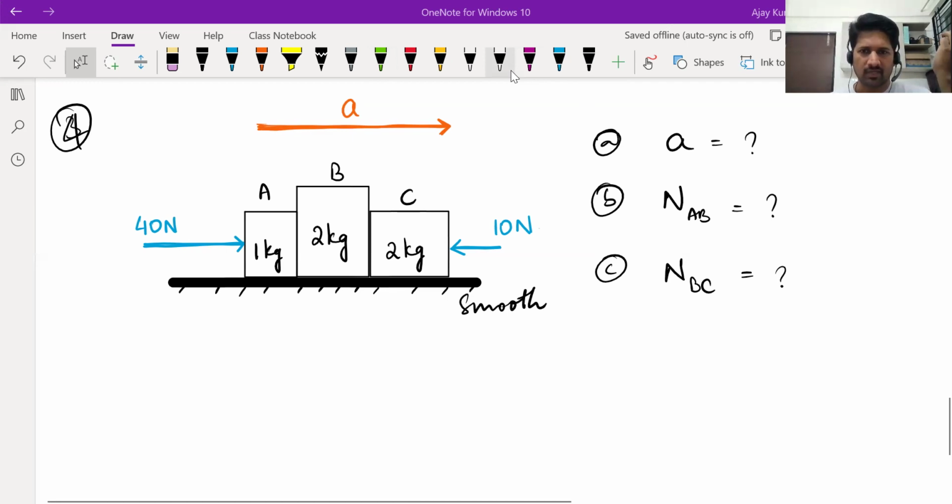Okay, I got one answer just now. Acceleration of 6, normal force of 34 Newton, one normal force 34 and the other 22. We'll see.